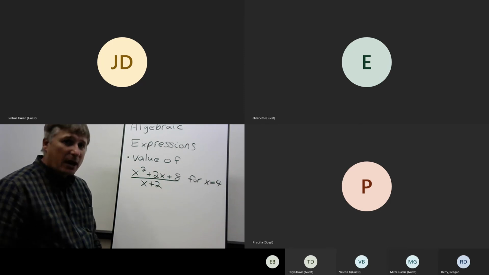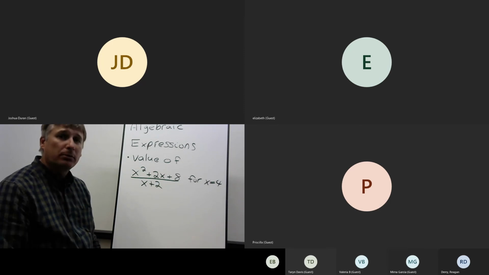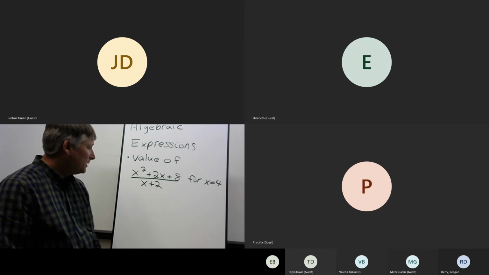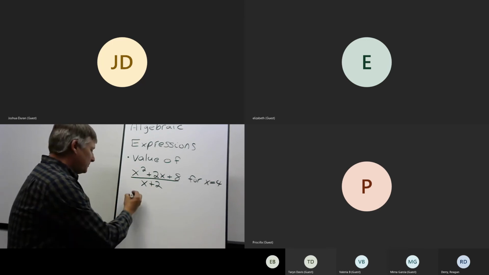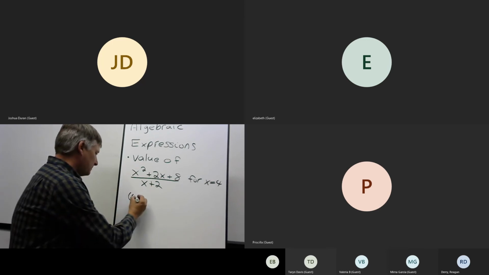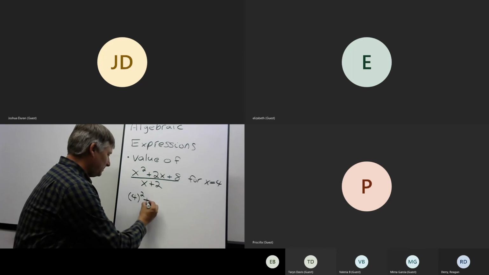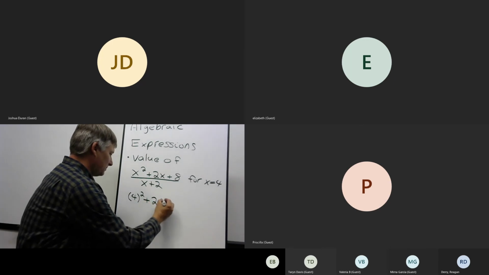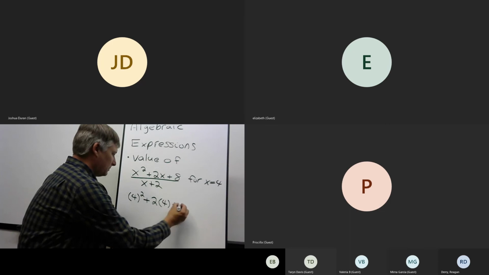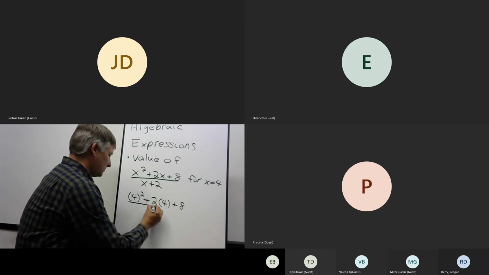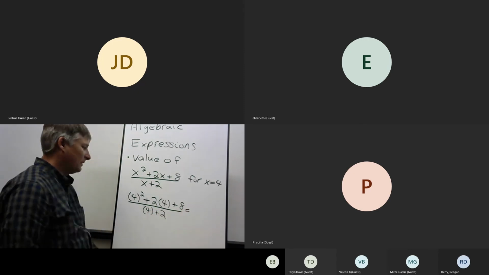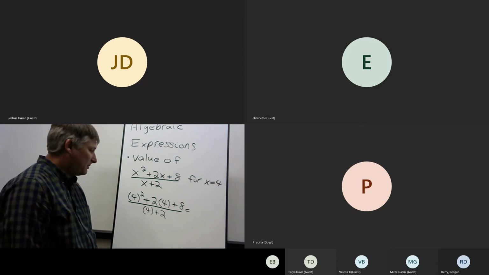Well, what this means is everywhere we see an x, we want to replace it with 4. So we'll rewrite this with each x replaced with 4. So now we can do the math.